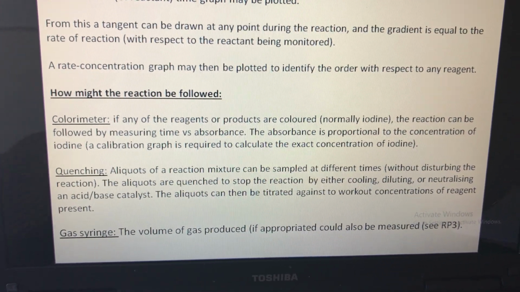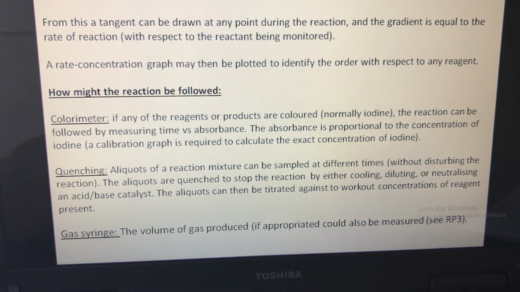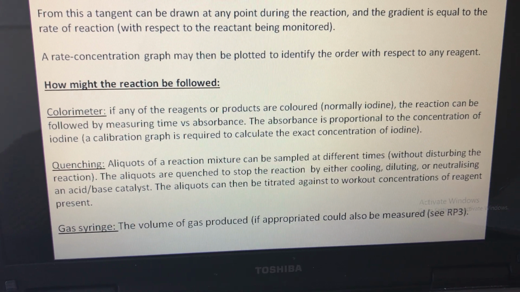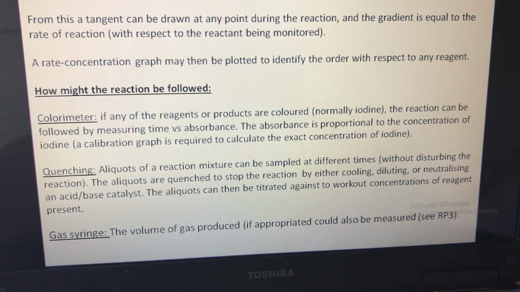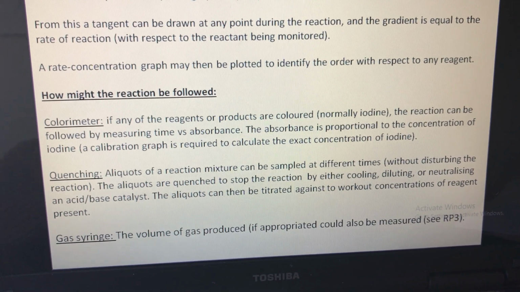I asked you in the instructions for this fortnight to research what's meant by the term quenching, and the reason was for this question. So it says aliquots, so that's portions, 25 cc portions, of a reaction mixture can be sampled at different times without disturbing the reaction.